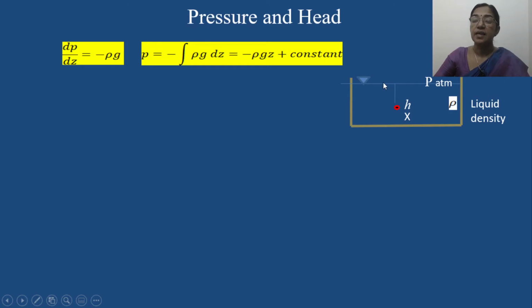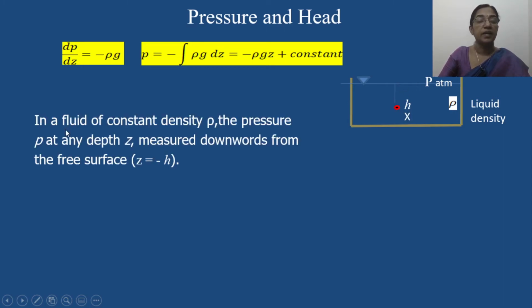If you consider this surface as datum, then the position of x is minus h, because this is the reference level. In a fluid of constant density rho, the pressure P at any depth z is measured downward from the free surface. So z here we can consider as minus h.